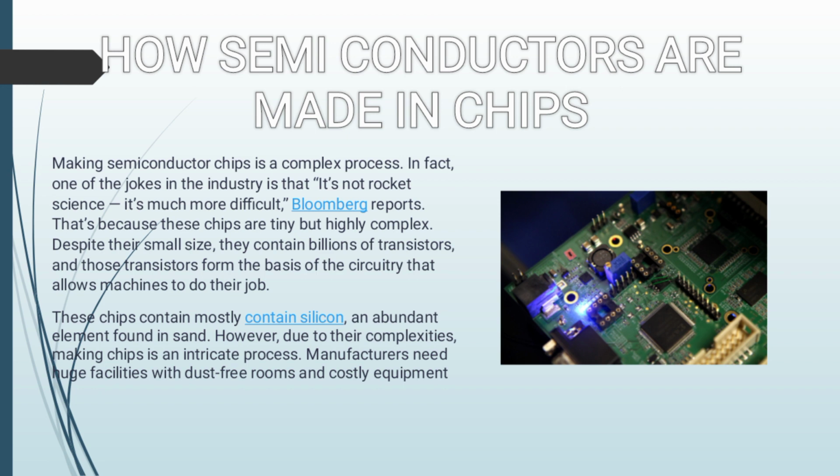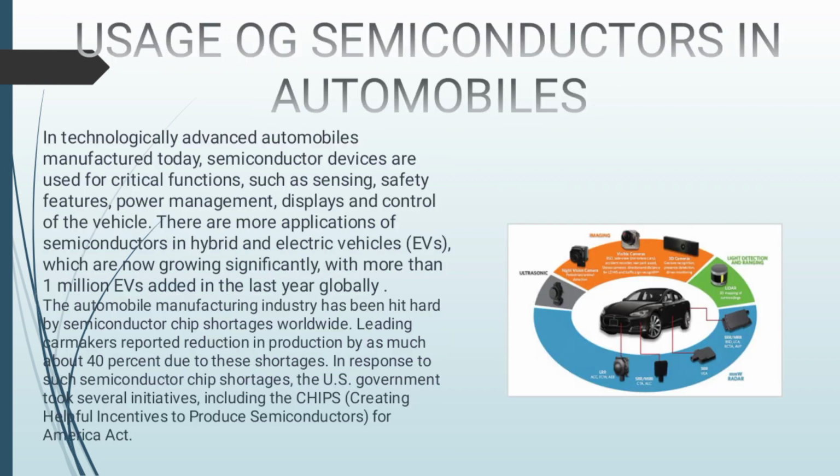Despite their small size, they contain billions of transistors, which form the base of the circuits that allow machines to do their jobs. These chips mostly contain silicon, an element abundant in sand. However, due to their complexity, manufacturers need huge facilities with dust-free rooms and costly equipment to make chips.